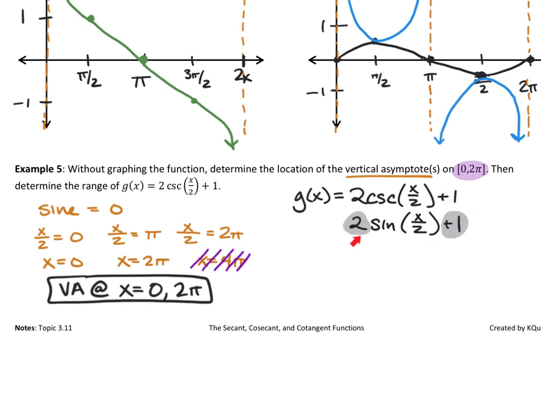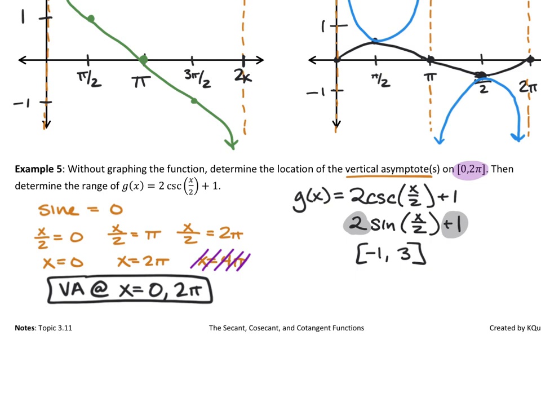So 1 plus 2 is 3, 1 minus 2 is -1, which means that our sine function has a range from -1 to 3.